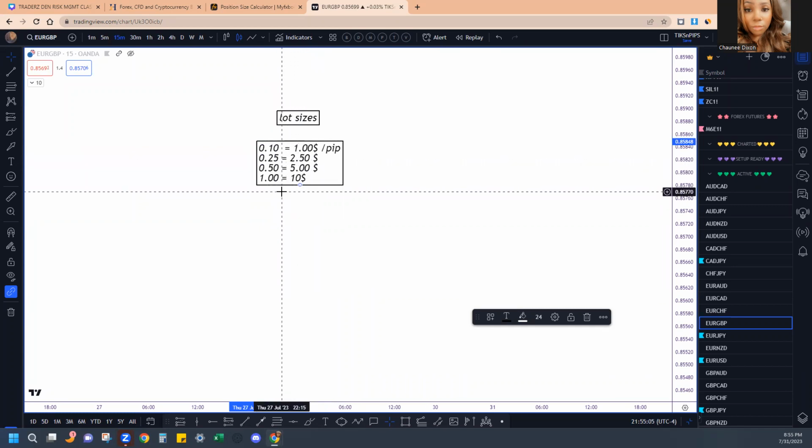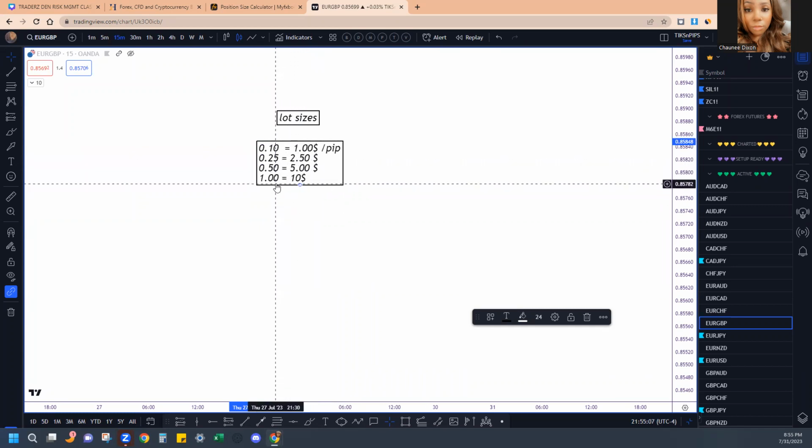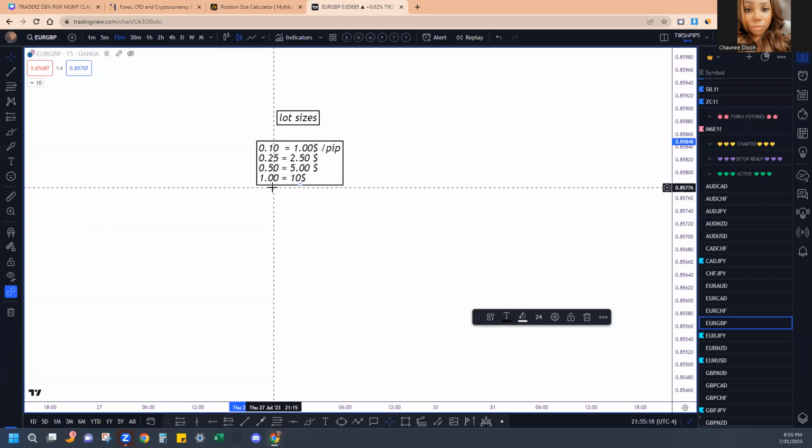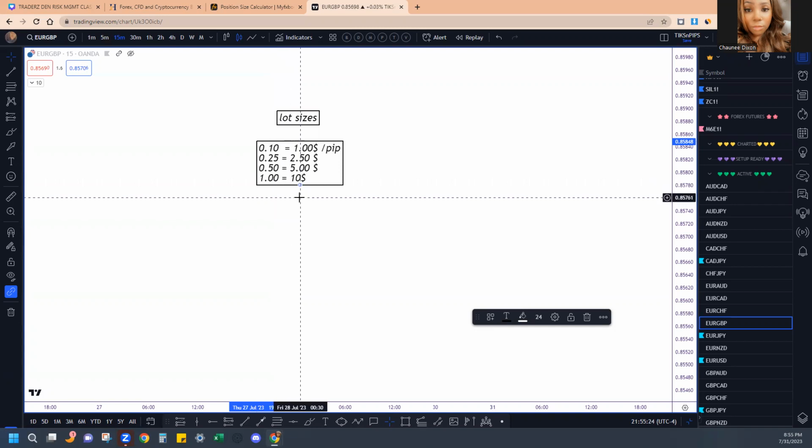So you want to use that lot size calculator to get an accurate depiction of what lot size you should be using. Because I think I entered GBP/JPY earlier in my trading career, and it was moving heavy, like crazy. I was like, whoa, I didn't expect it to be that much.